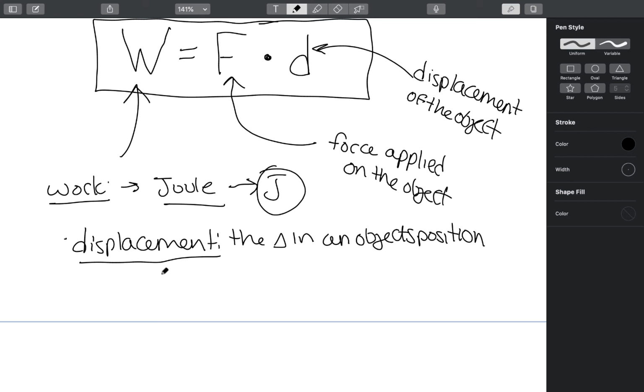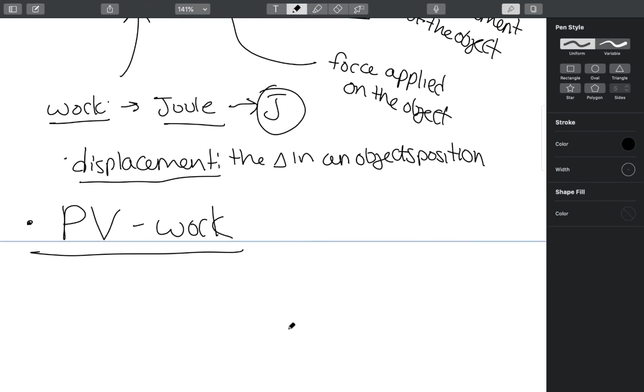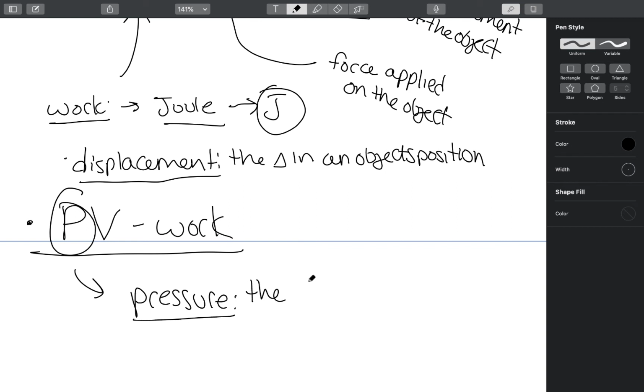In chemistry, we often talk about something called pressure-volume work, or PV work. So what is PV work? Well, let's first define what pressure is. Pressure is defined as the force exerted on an object per unit area.